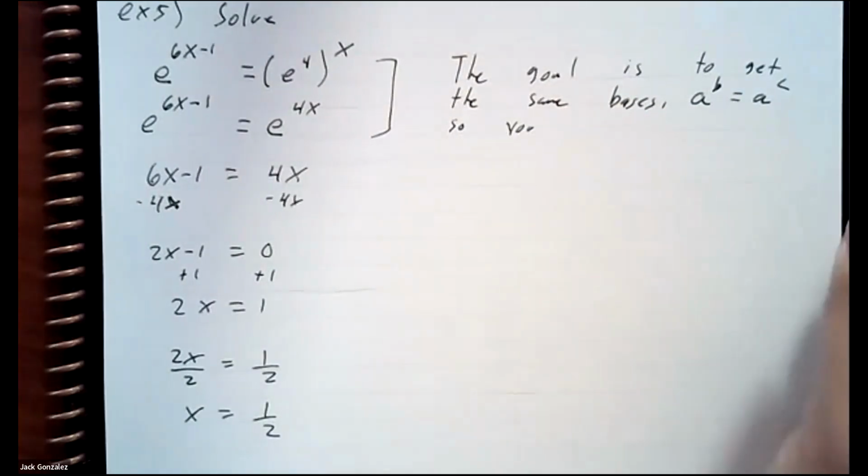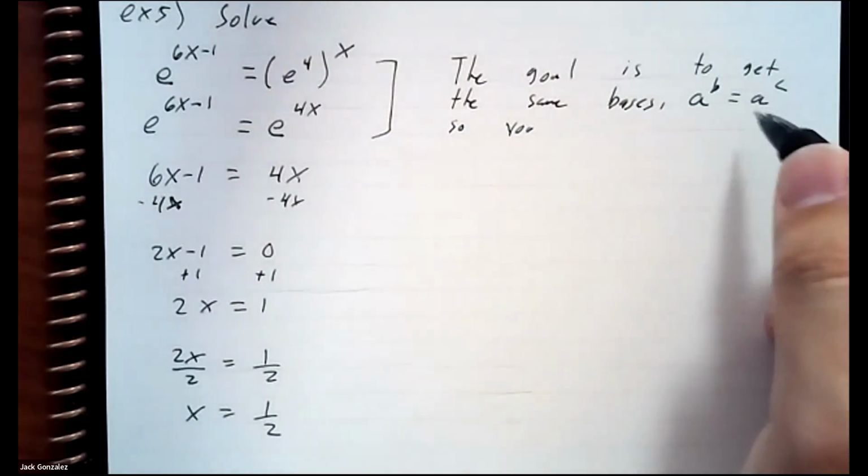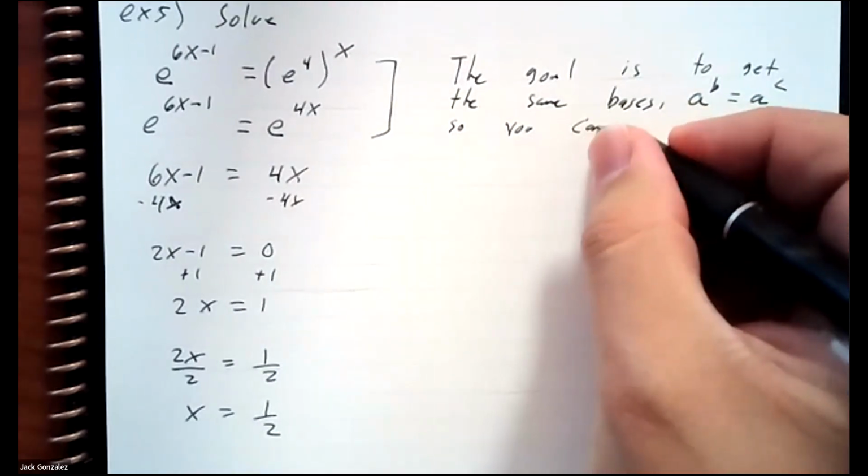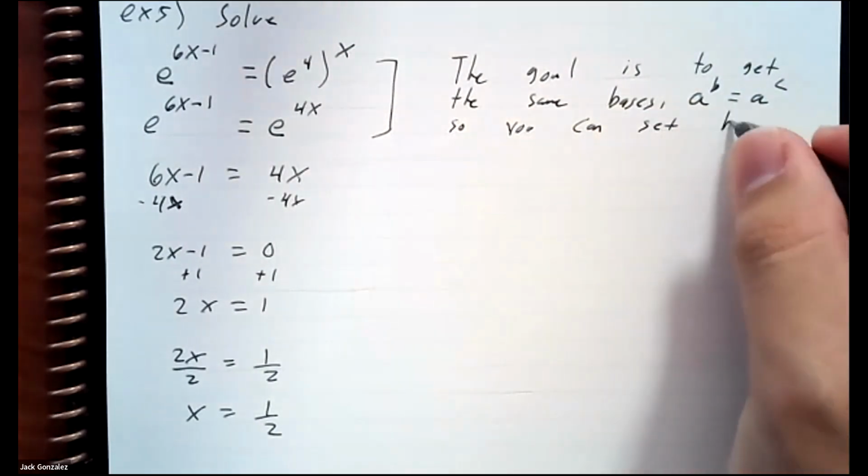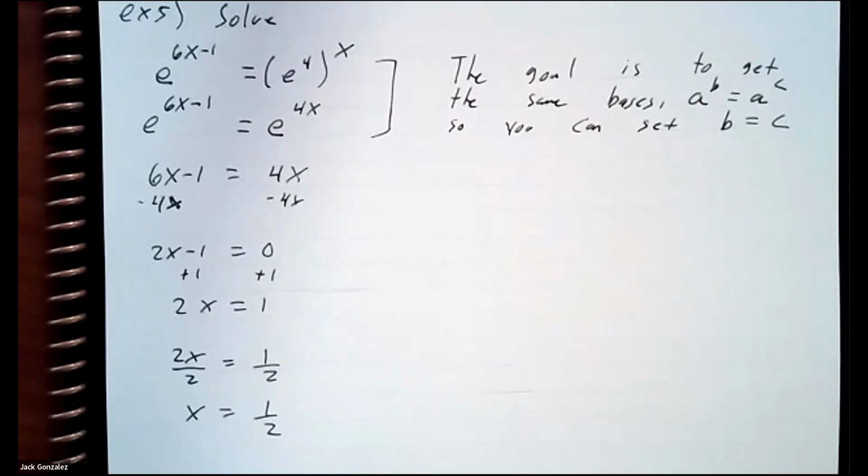So the goal is to get the same bases, a to the b equal a to the c, so you can set b equal to c. That's what we're doing. That's it.